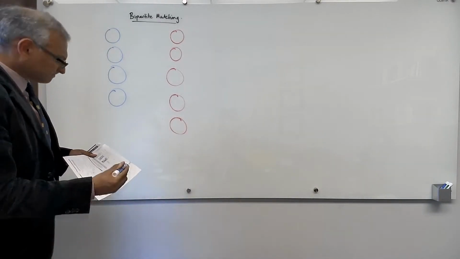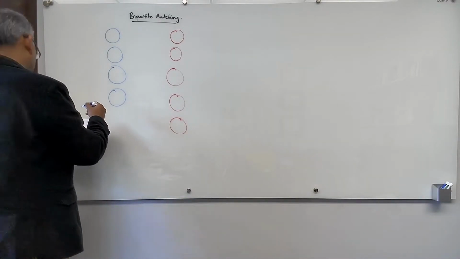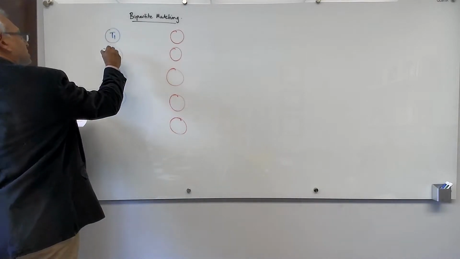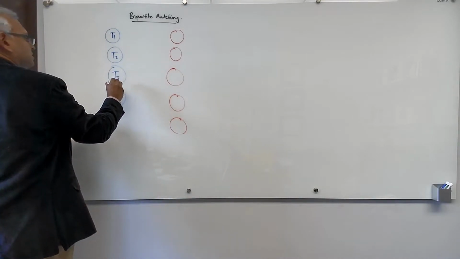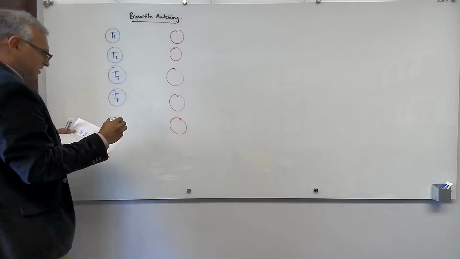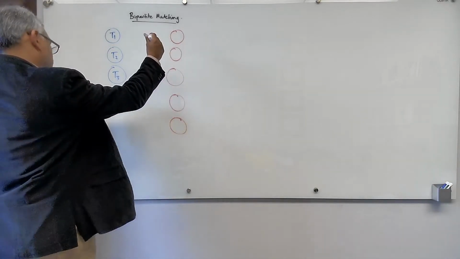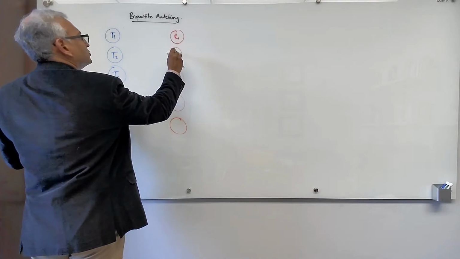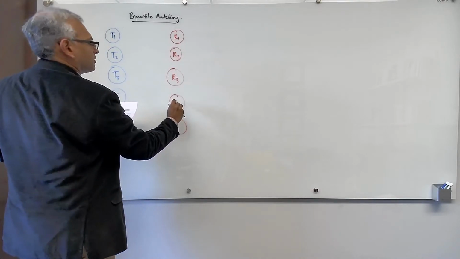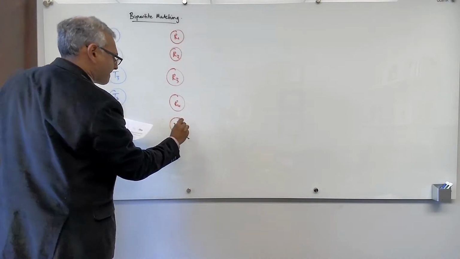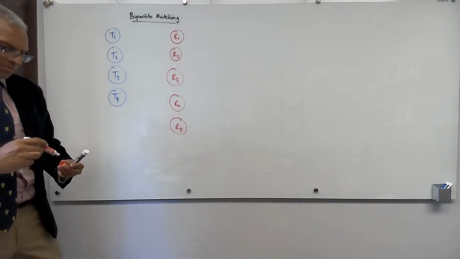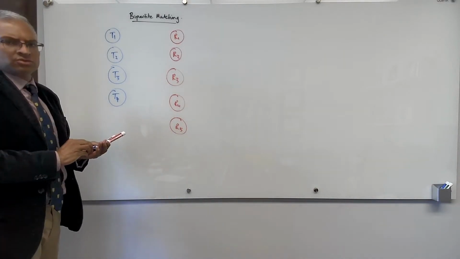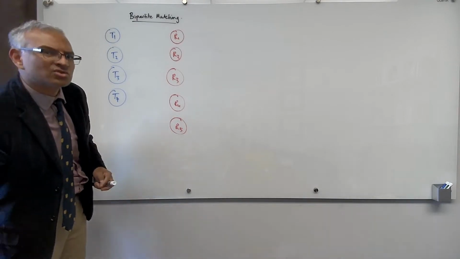Let me call the tasks T1, T2, T3, T4, and let's call the resources R1, R2, R3, R4, R5. Now I'm going to introduce the relationships between tasks and resources.